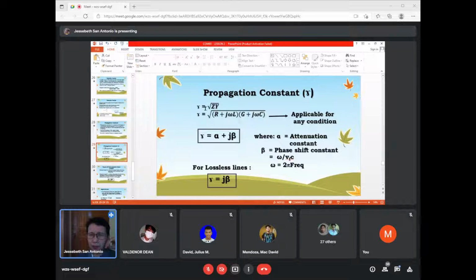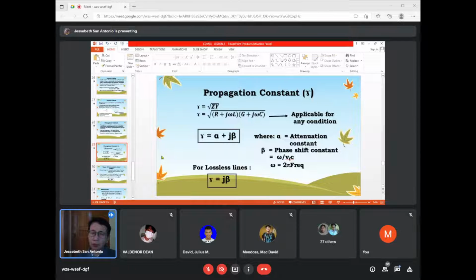Wherein the beta is phase shift constant equal to omega over velocity factor times the speed of light. Remember that omega is 2 pi times the frequency. No? So again, you just take note of this. We will be using this in the next equation derivation to come.